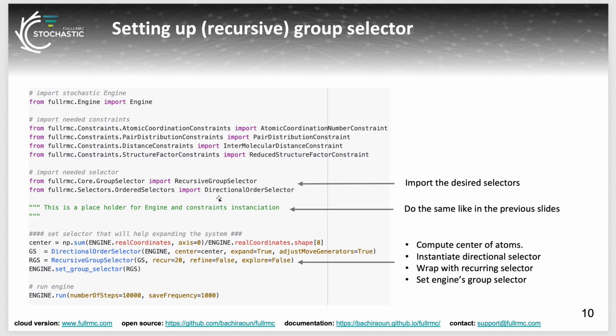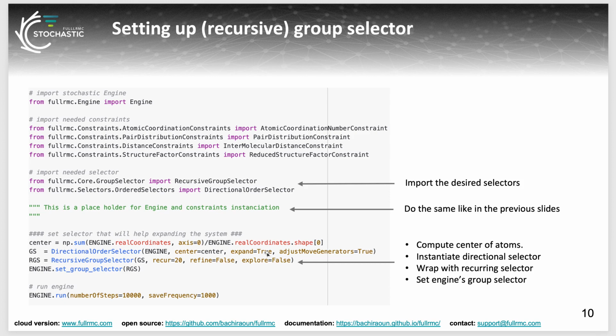What directional order selector will do, it will select the groups based on their position relative to a center. You can compute that center and assign it to this directional order selector. For example, here I'm computing the center as the geometric center of all the atoms' coordinates. Then I'm creating a directional order selector. I'm giving it a center.